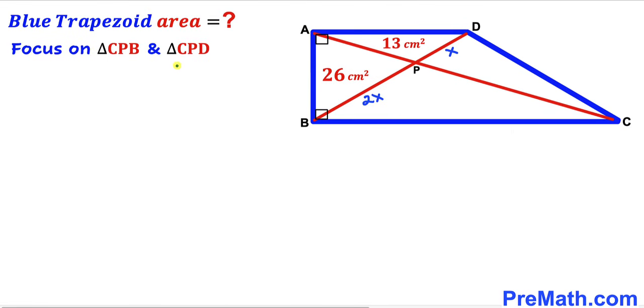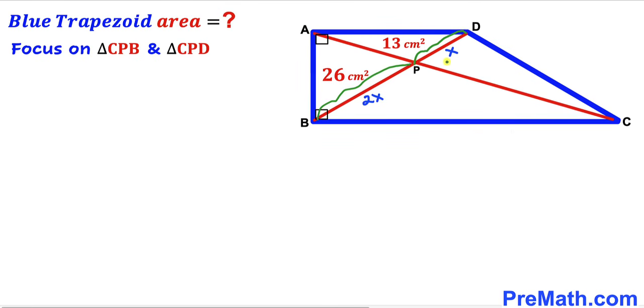And here's our next step. Now we are going to consider two other triangles: this triangle CPB and this other triangle CPD as well. We can see both of these triangles have the same height, and furthermore, their bases ratio is x to 2x.